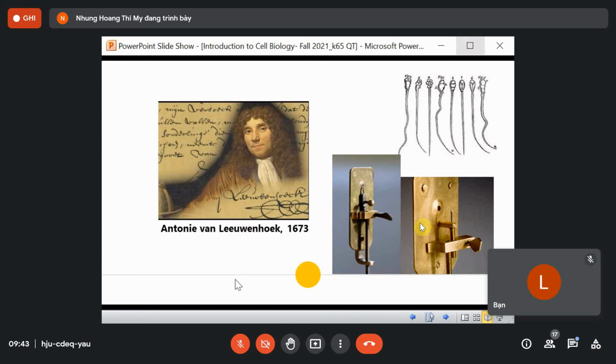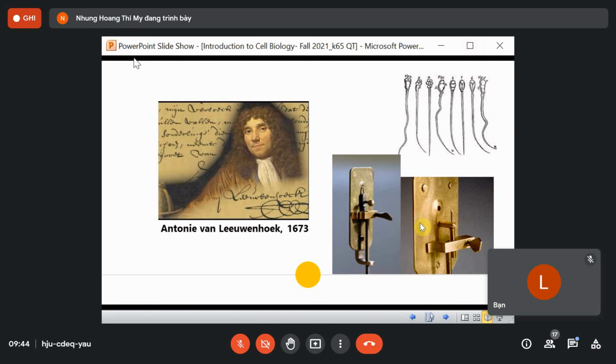And also there is a disagreement, because some scientists say that for them, Leeuwenhoek is the first scientist who discovered the cell, not Robert Hooke. Of course, it is an argument, and there is always this kind of competition in the scientific field.